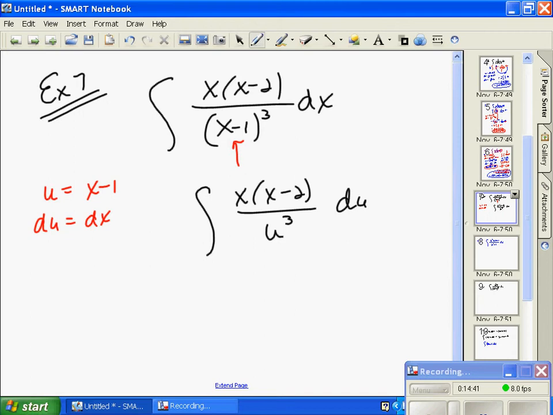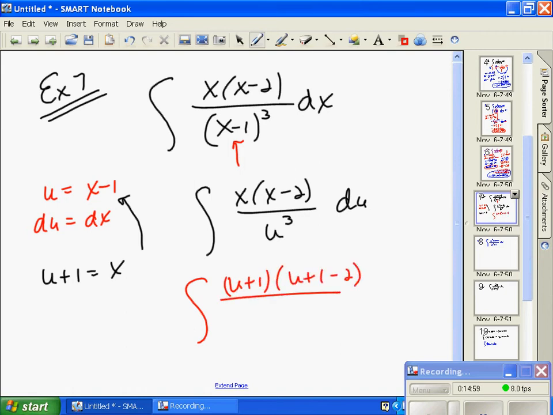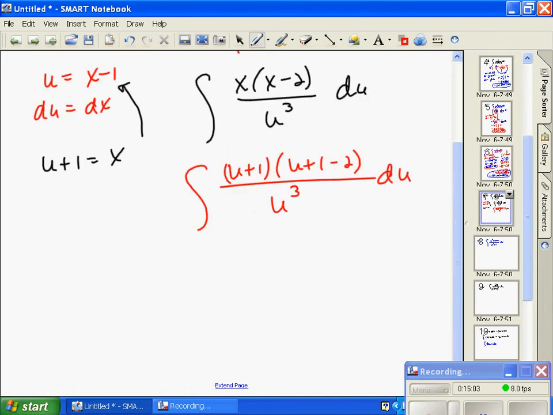So let's look back. u is equal to x minus 1 right here. So u plus 1 is equal to x. So substituting in, I would have for that x u plus 1, and then I'd have u plus 1 minus 2 all over u to the third. I no longer have x's represented.